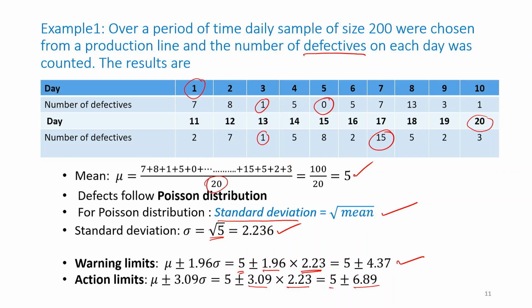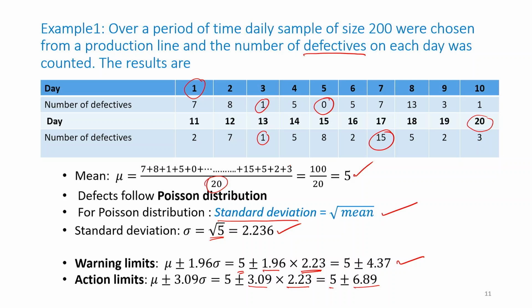If the values are coming too low, you have to think about whether your instrument is giving the right results or not. I should not say it is impossible, but at times we may get a value of 0 also. But at that time we have to be a little careful about whether the instrument is giving proper results. So we can find the warning and action limits this way.